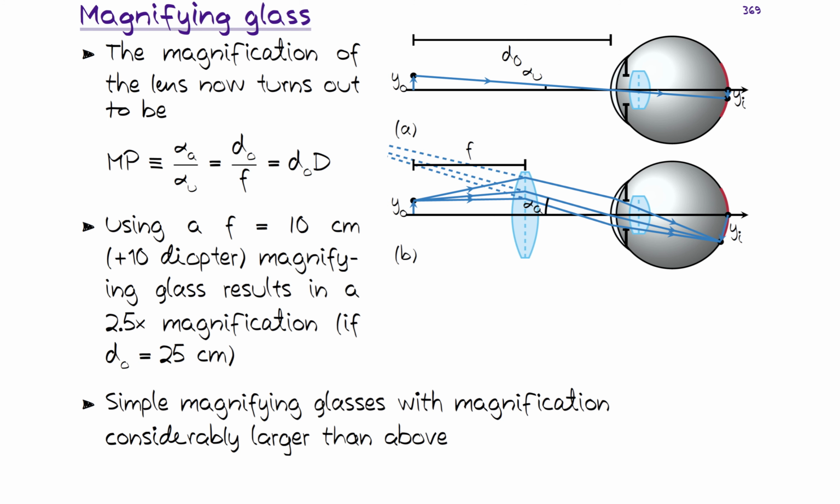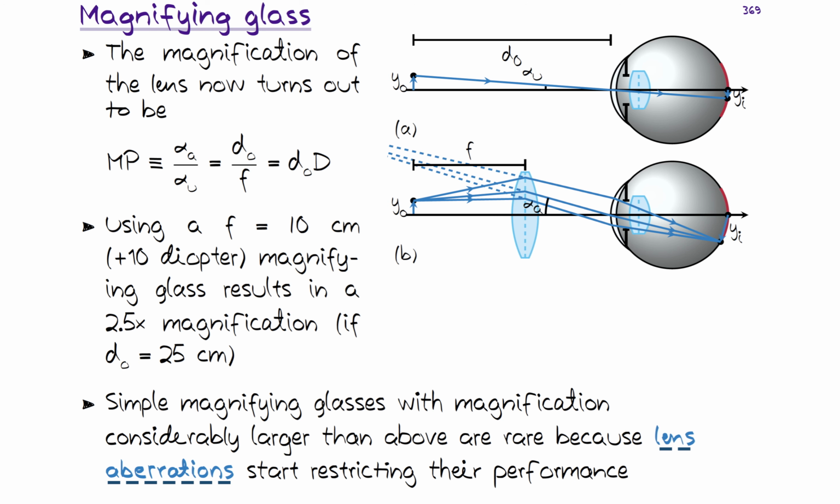The trouble of using just a single lens to magnify an object is that if you want to go into larger magnifications, the lens aberrations start kicking in, and they really start restricting the performance of my magnifying lens. So this is the main message here. And the trouble is that if you want to make a large magnifying glass, and this is usually the case, then the curvature of your spherical surface, ideally it will be spherical, will start giving you spherical aberrations.